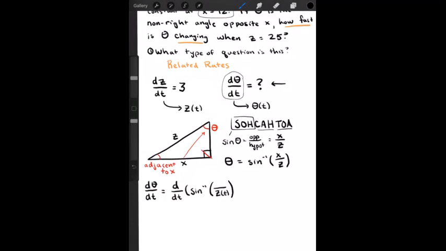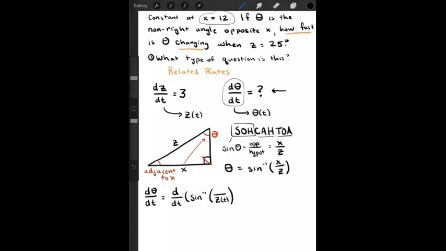It's not a function of t. It's just 12 no matter what. So we want to find the derivative on the left, which means we have to find the derivative on the right. So what rule do we need to use to find that derivative?